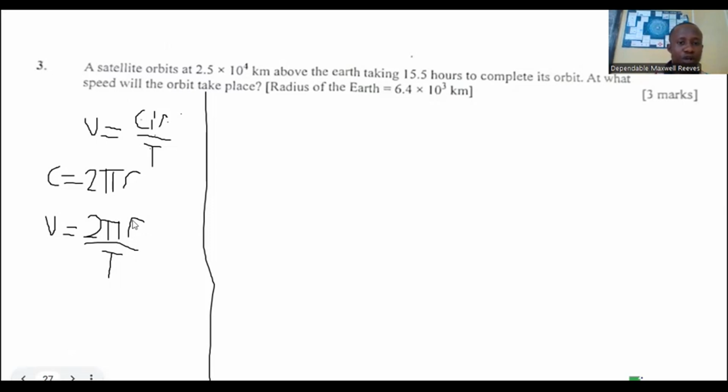So the total orbital radius is the sum of the radius of the Earth given to us here plus the altitude of the satellite.